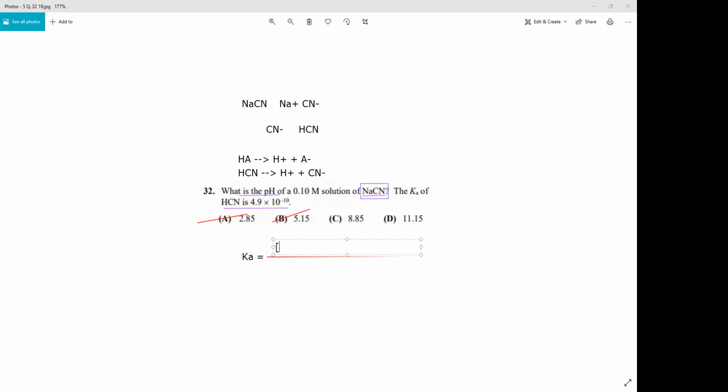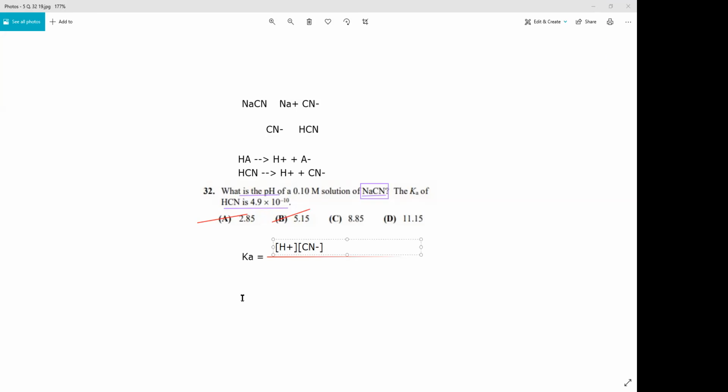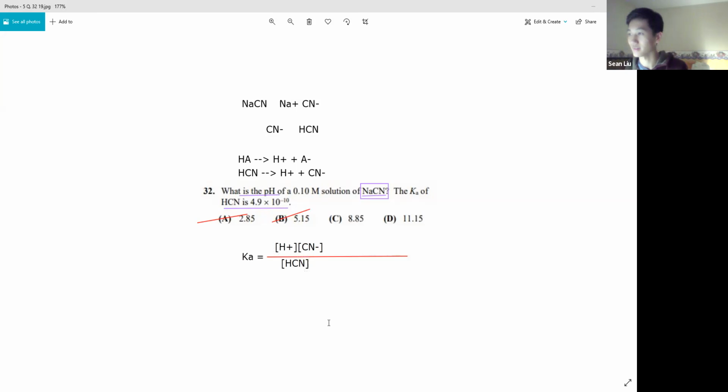Concentration of H plus. And concentration of CN minus. What else? And then HCN on the bottom. All right, that is going to be our acid equilibrium expression. All right, what is the pH of this?